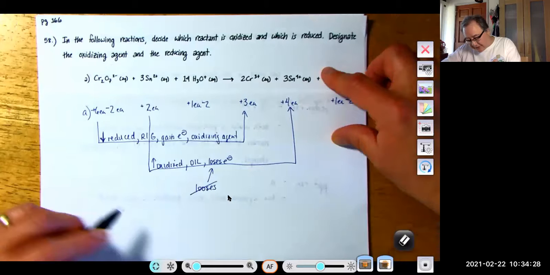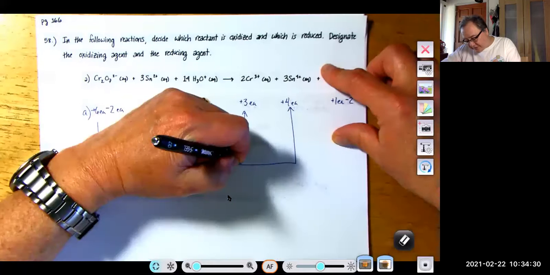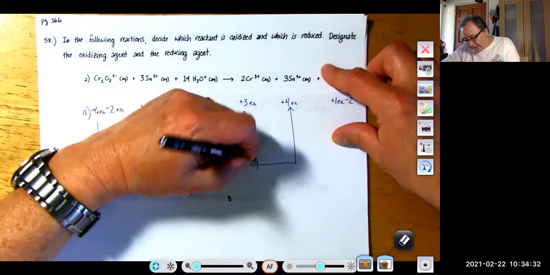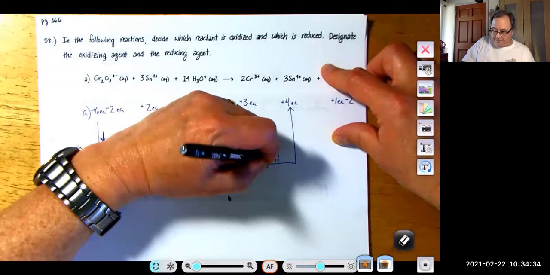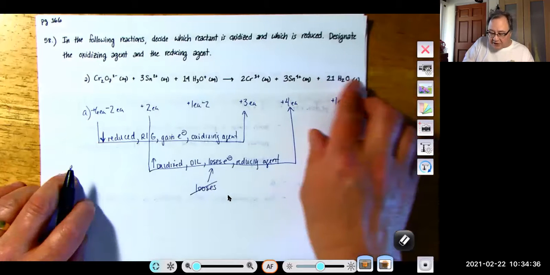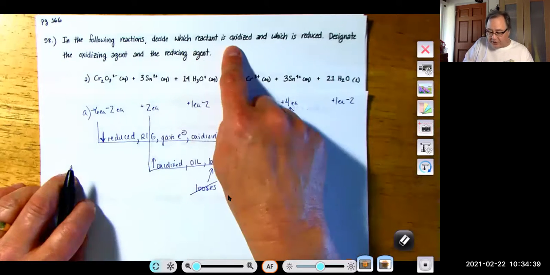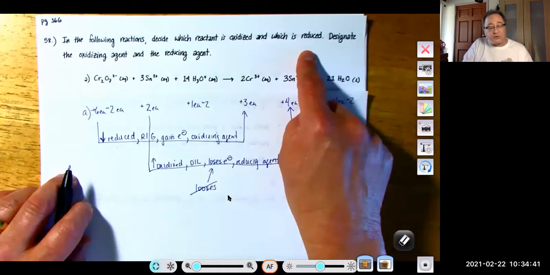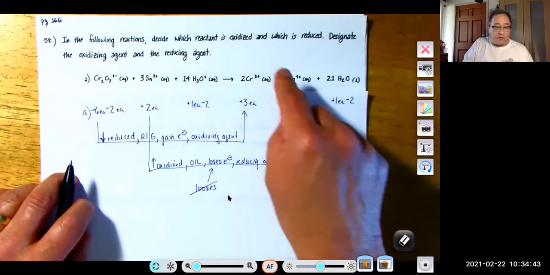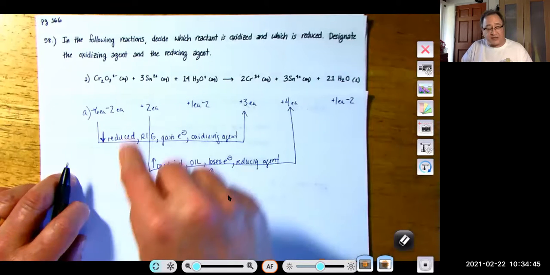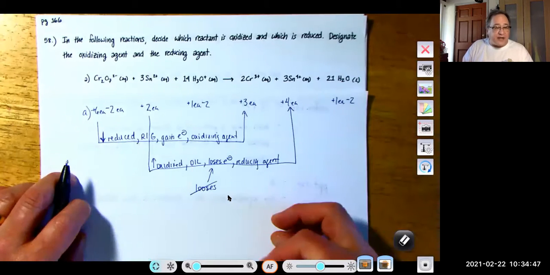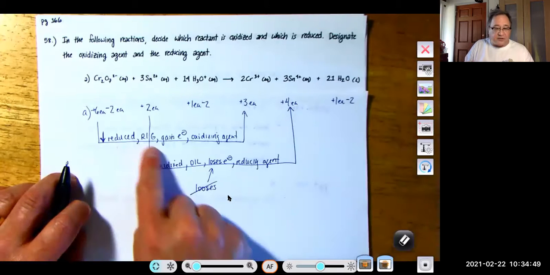Loses electrons, and it's the reducing agent. So on an exam, I normally ask for what reactant is oxidized, which is reduced, which one gains electrons, which one loses electrons, and which one's the reducing agent and which one's the oxidizing agent. And for the gain and lose, oil rig makes all the difference in the world.